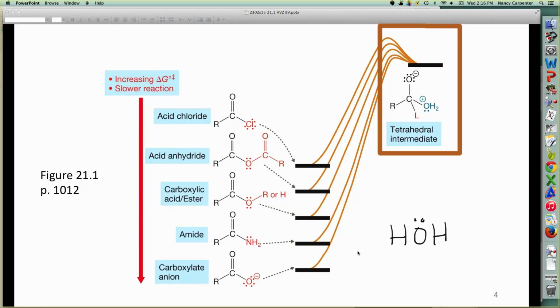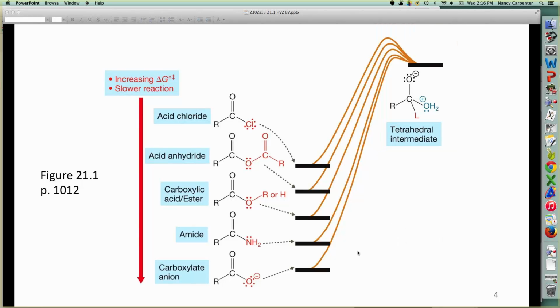Note that the tetrahedral intermediate is pretty much the same energy level no matter what the starting material is. However, look at the starting materials. There's a huge difference in their reactivity. There's a huge difference in their stability. And that's based on what we just covered in the previous slide.